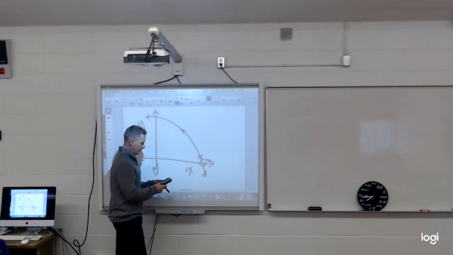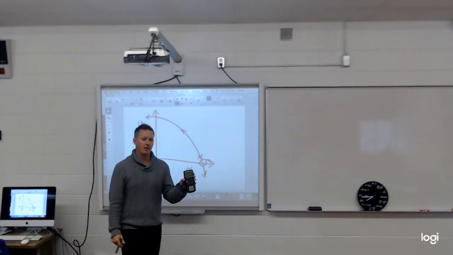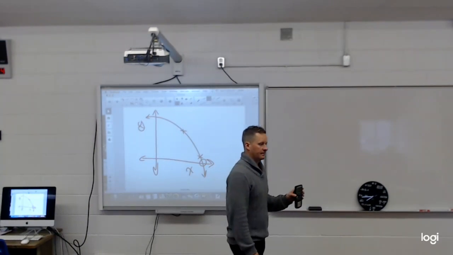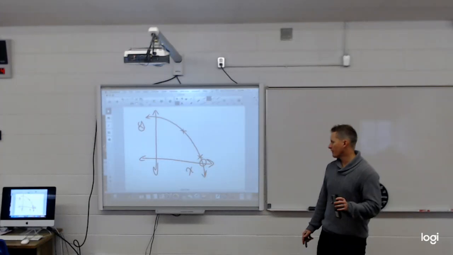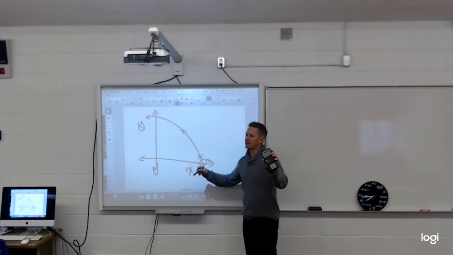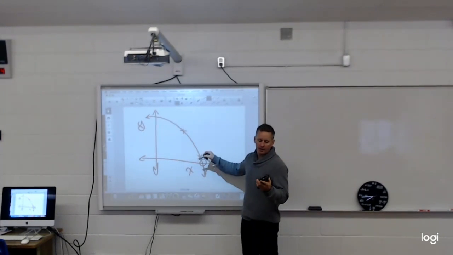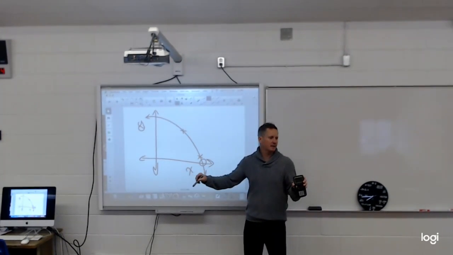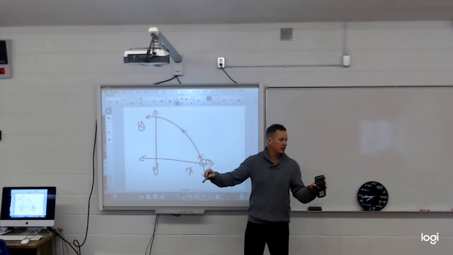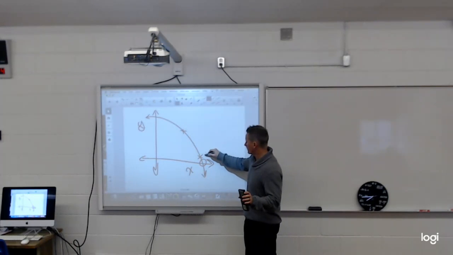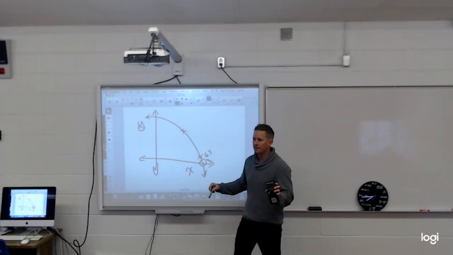I can't. I run into a problem here. My graph on my calculator is only allowing me to go down to 6.3 as my height. Anybody else have that issue? Yeah? So I can't go any lower than 6.3 right now.